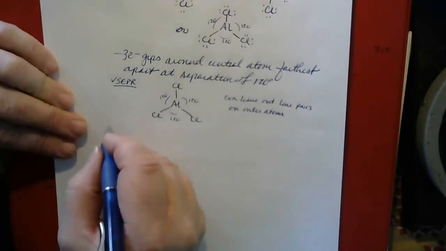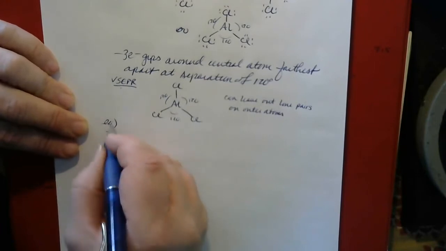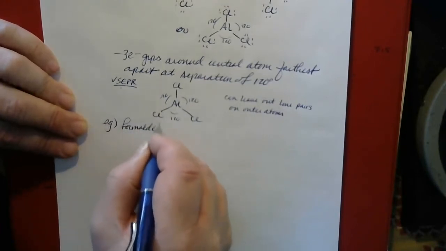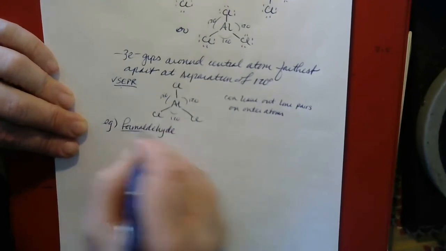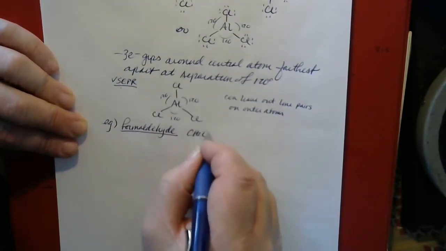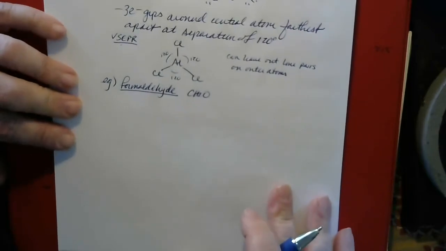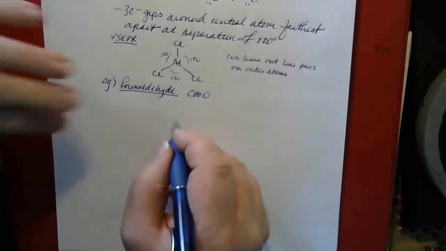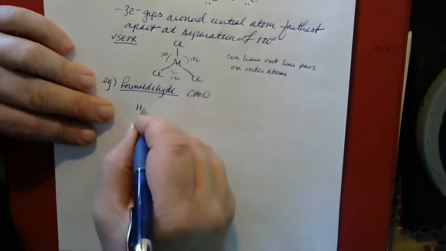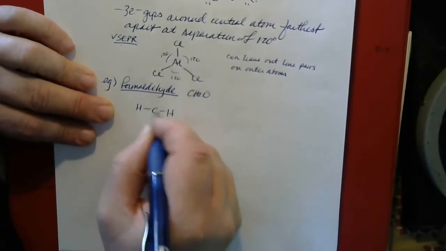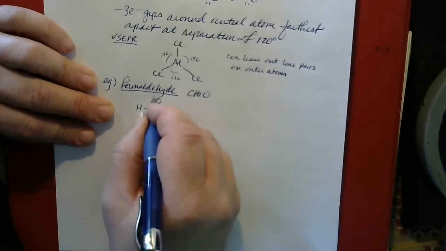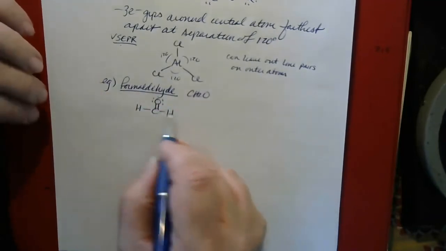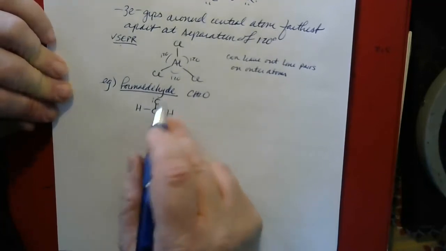Another example of this case would be formaldehyde, or CH2O. In this, the carbon is the central atom, and the oxygen and two hydrogens are attached like so.